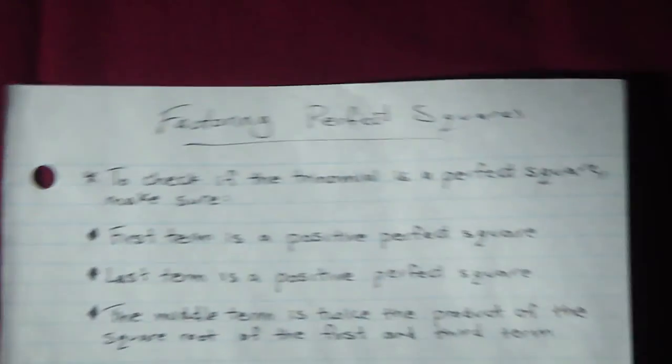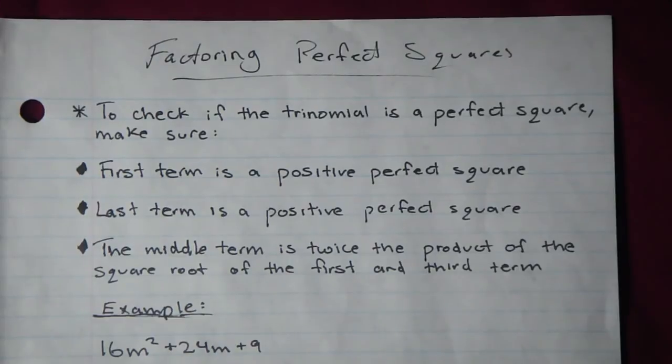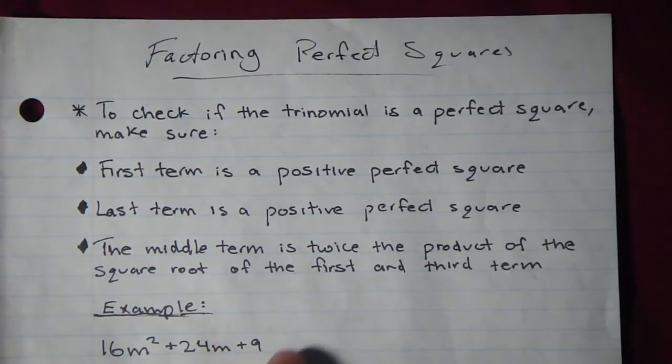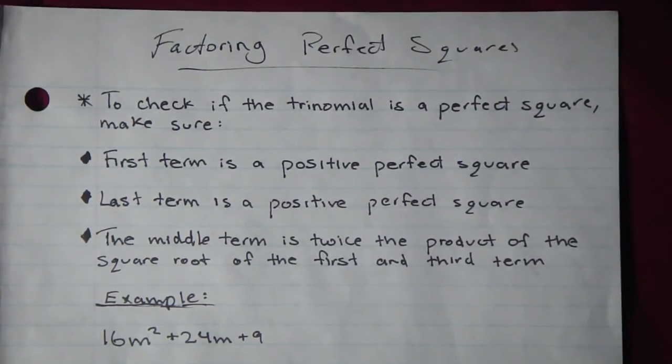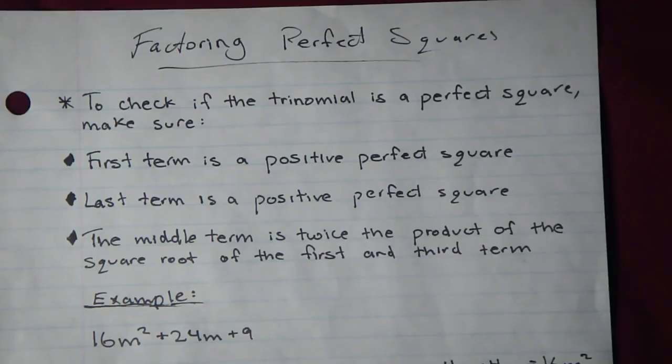So last point, factoring perfect squares. To check if the trinomial is a perfect square, make sure the first term is a positive perfect square, the last term is a positive perfect square, and the middle term is twice the product of the square root of the first and last term.